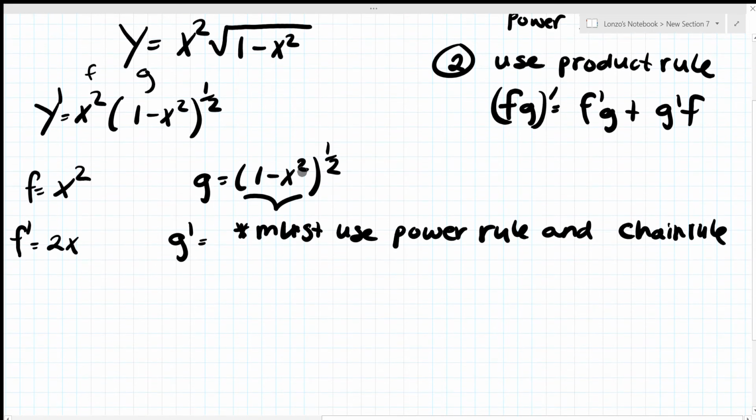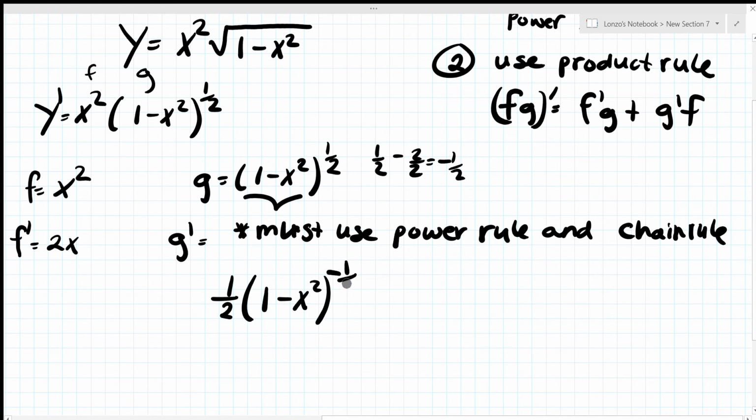First, let's do the power rule. 1/2 times 1 is just 1/2, times (1 minus x squared), and then 1/2 minus 1, we can rewrite 1 as 2 over 2, so that's negative 1/2. So this is raised to the negative 1/2 power. And then you have to take the derivative of the inside, or u, which is just negative 2x, right? Negative 2x.